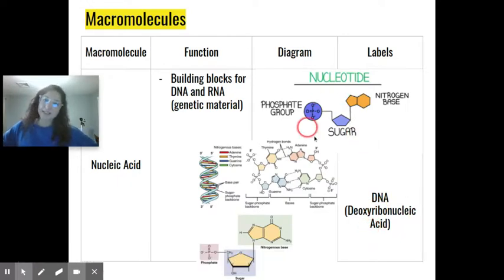So we take these nucleotides right here, and if you look at this diagram, here is one nucleotide, so phosphate, sugar, nitrogenous base. Here is another nucleotide, phosphate, sugar, nitrogenous base. They bind together in the middle to help start to form DNA. Same thing happens down here, phosphate, sugar, nitrogenous base, phosphate, sugar, nitrogenous base, they bind together in the middle right here. So when you put enough of these together, you can get this DNA structure, this double helix structure that we're used to seeing for DNA.